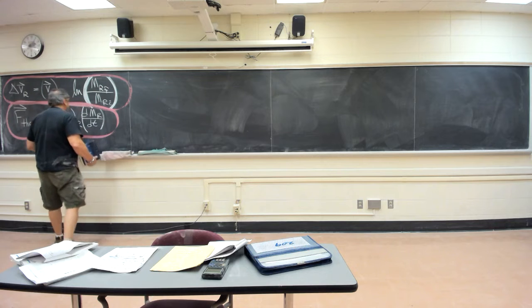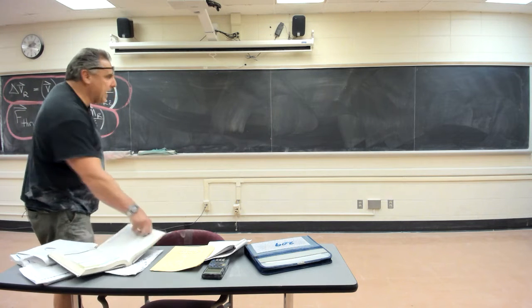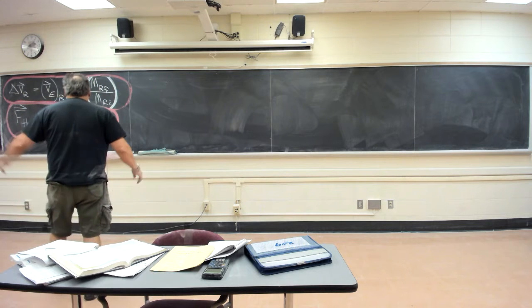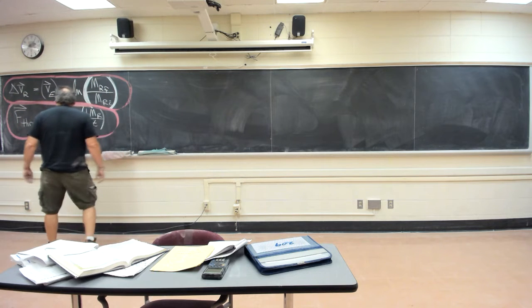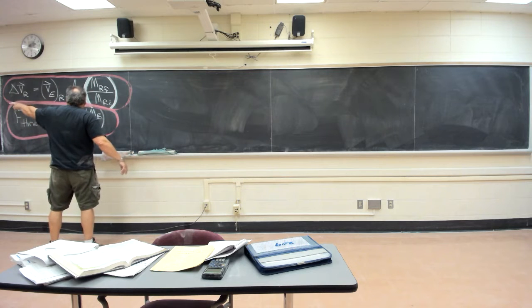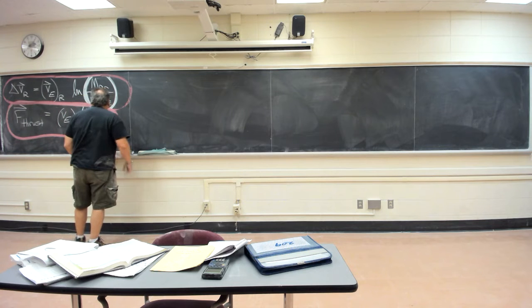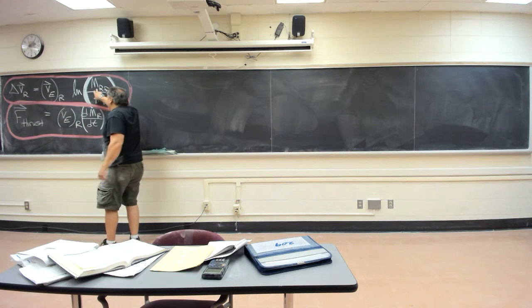I think we're used to seeing the number line: to the right is positive, to the left is negative. If that's positive and v_e is negative that way, a negative number times a negative number. Why is this a negative number? This is the mass of the rocket after a particular amount of fuel has been burnt. This is the mass of the rocket before that fuel has been burnt.